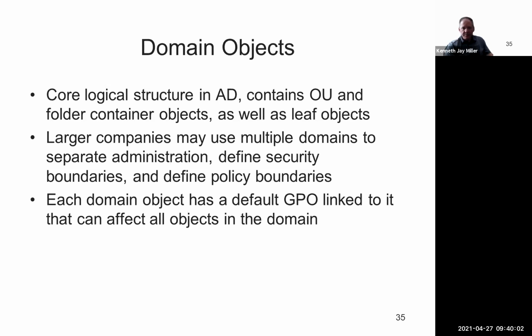Larger companies may use multiple domains to separate administration, define policy boundaries, and security boundaries. Now, each domain object has a default group policy object linked to it that can affect all the objects in the domain.